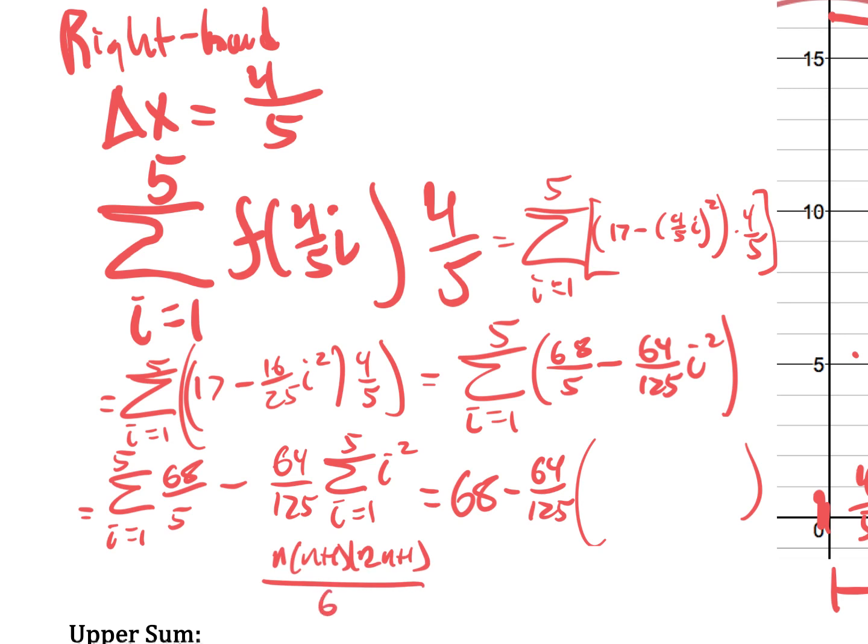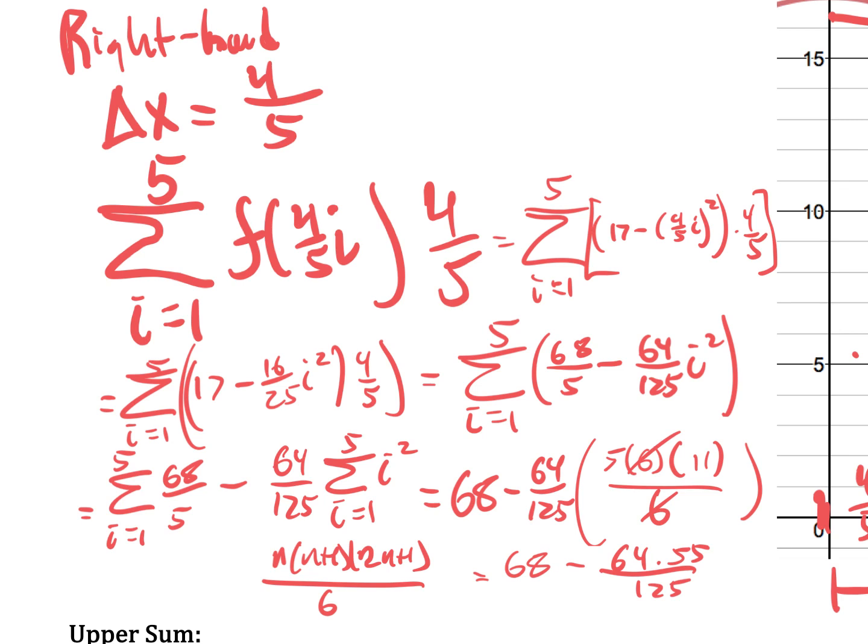So in this case, n is 5. So we have 5 times 6 times 2n plus 1. So 2 times 5 plus 1, that's 11, all over 6. And these 6's conveniently cancel. So we're almost there. 68 minus 64 times 55, all over 125.